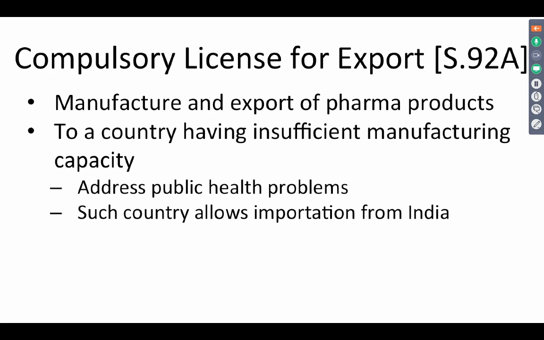If India has to grant a compulsory license for manufacture and export, the condition is the other country should have granted a license, or the other country should have notified or allowed the importation. So two things: it should allow the importation, or it should have granted a compulsory license in that country, because a compulsory license will now allow people to import from India.